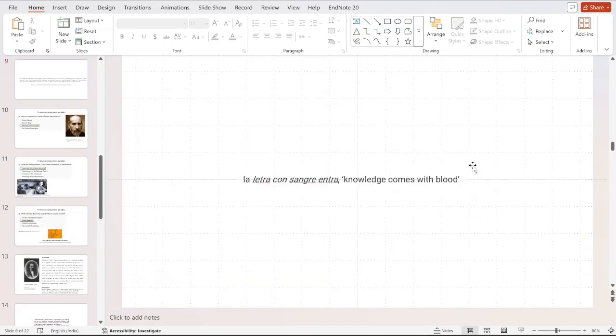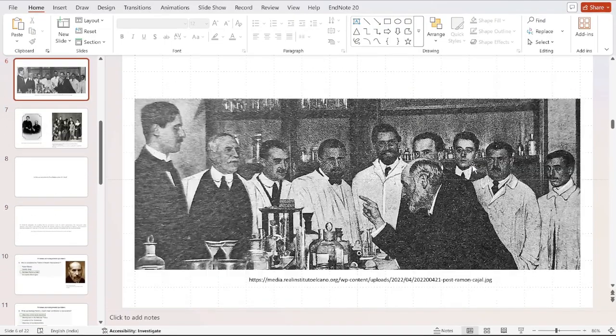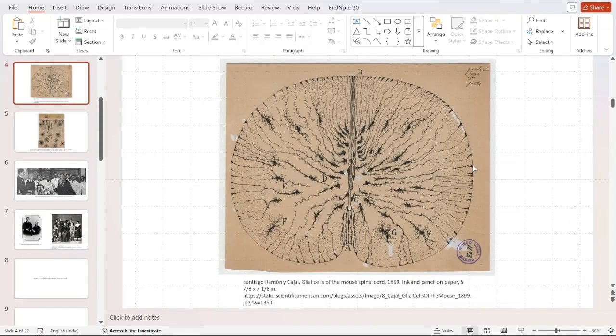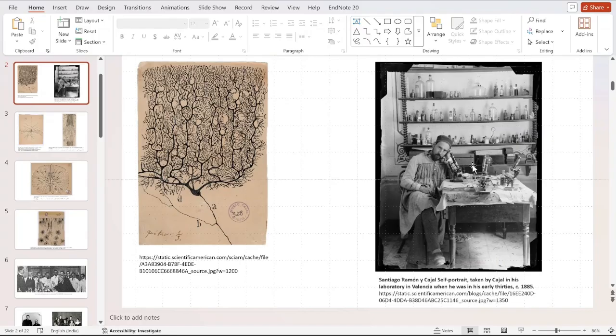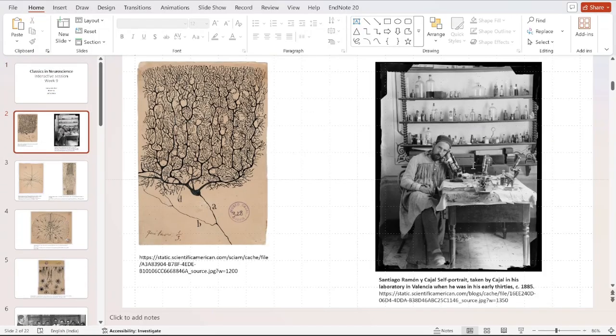Oh, interestingly, regarding Santiago Ramon y Cajal, Cajal became so famous that he was offered the position of an education minister in Spain.